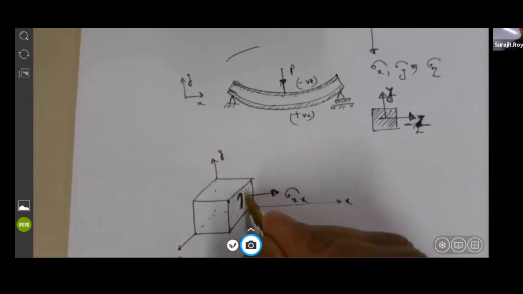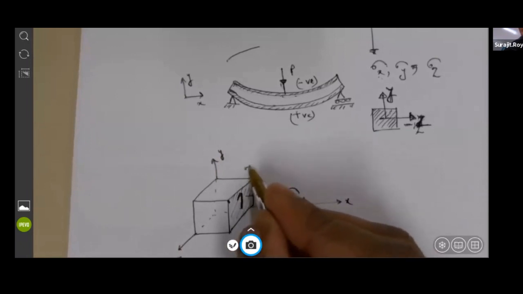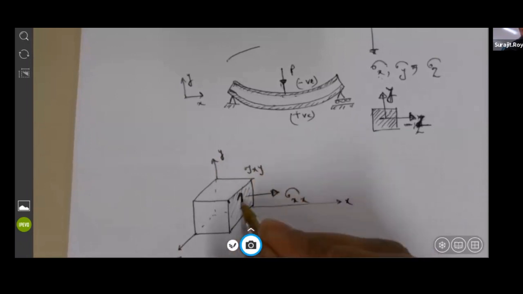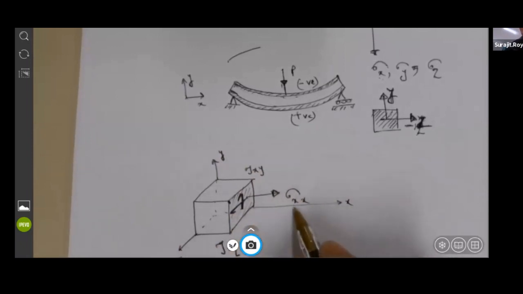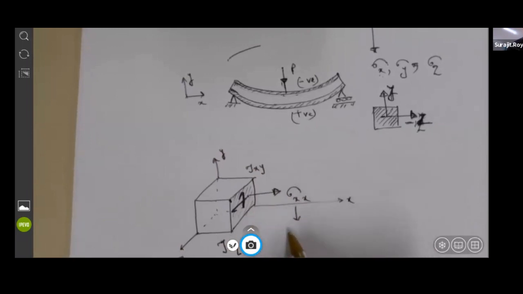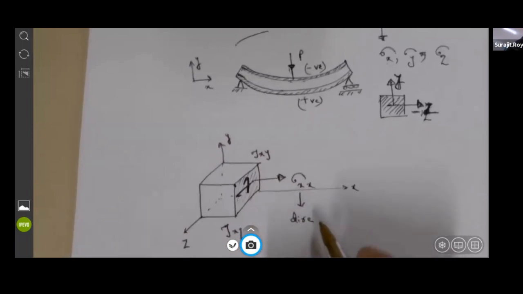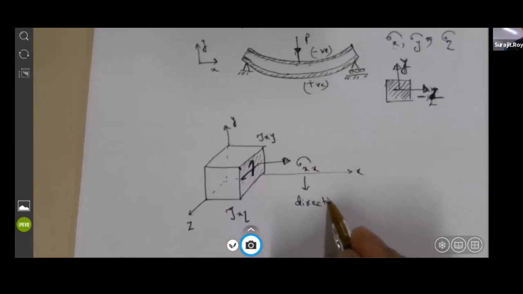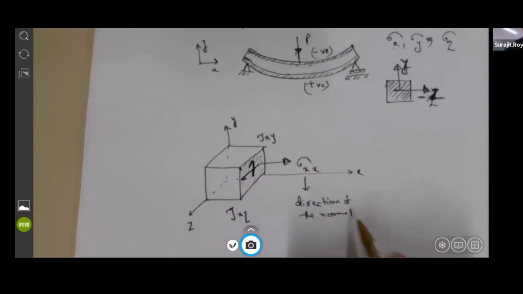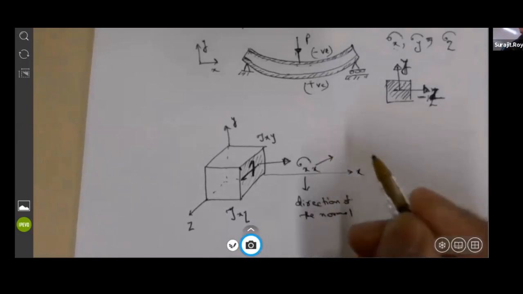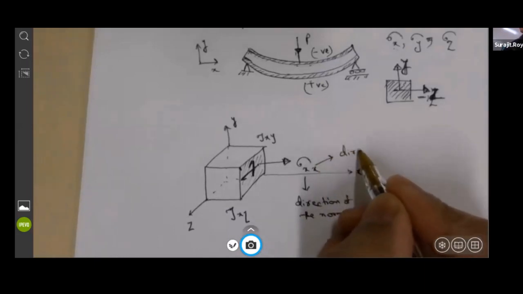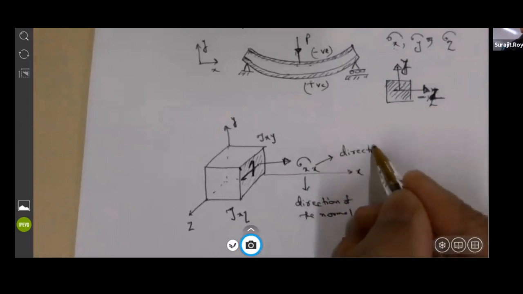So this is tau x, y, and this is tau x, z, where the first subscript represents the direction of the normal, and the second subscript represents the direction along which the stress is pointing.